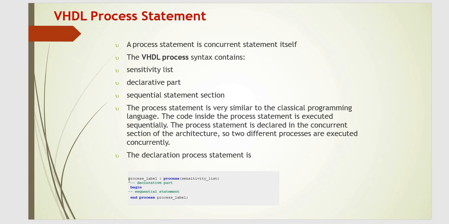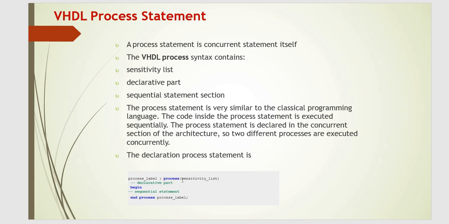In general, as far as the syntax is concerned, there will be the process label, the process keyword, and in brackets the sensitivity list. Then there may be some declarations if required, then begin, and then the statements, then end process, every time with a semicolon. Now in general, the sensitivity list is mandatory, otherwise you have to use a wait statement.